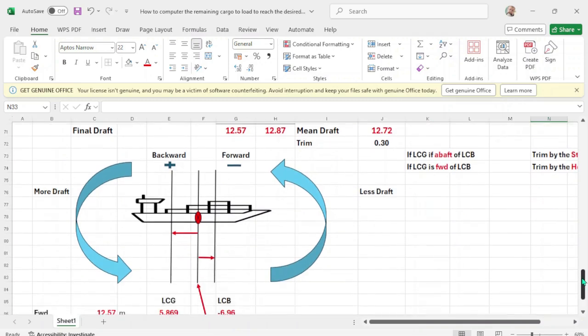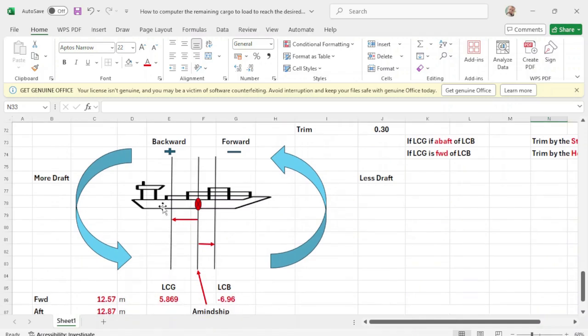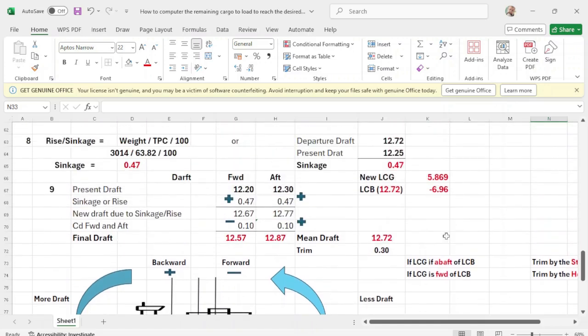So from midship you go backward about 5.869, let's say somewhere around here, so that will be your new LCG of 5.869, going backward from midship.